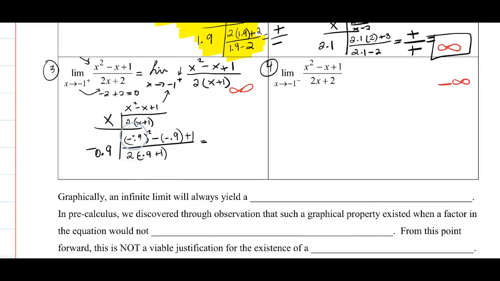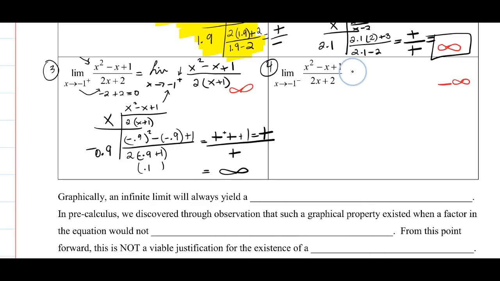We just want to look at this closely. Negative squared is going to be positive. Minus a negative is going to be positive, so plus a positive, and then plus 1 is going to leave a positive in the numerator. In the denominator, negative 0.9 plus 1 is 0.1, or a positive. So positive times a positive is positive, and that yields positive infinity.